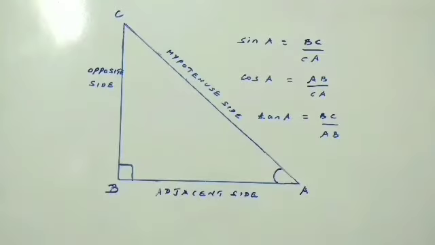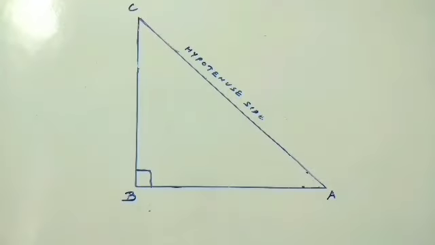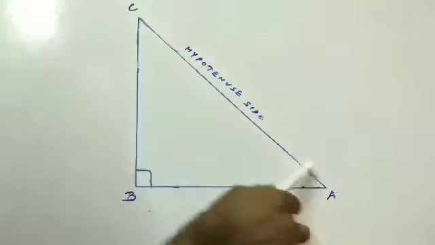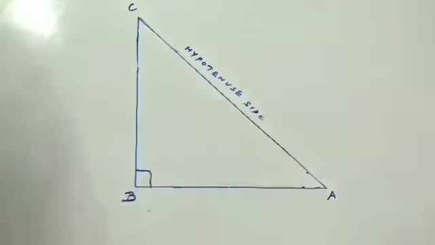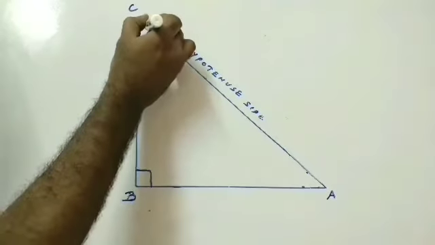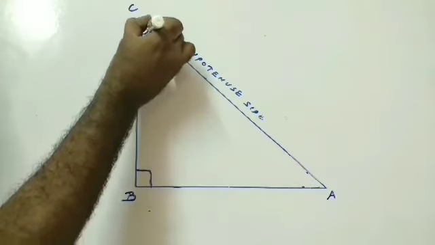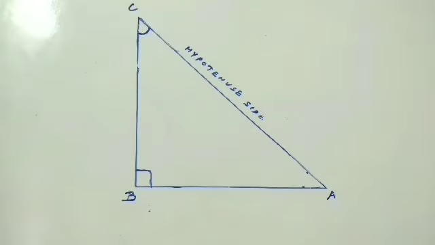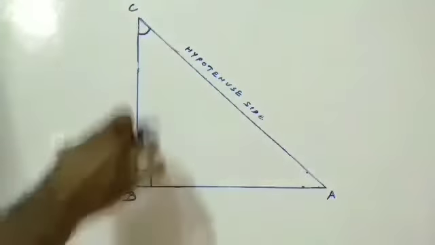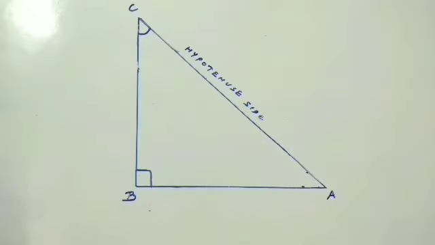Now I am going to change the angle and find the sin, cos, tan values. Now consider the right angle triangle. Always a slanted line is called the hypotenuse side. Instead of an angle at A, I am going to put the angle at C. Now remember, the side which is between the angle and the right angle is called the adjacent side.